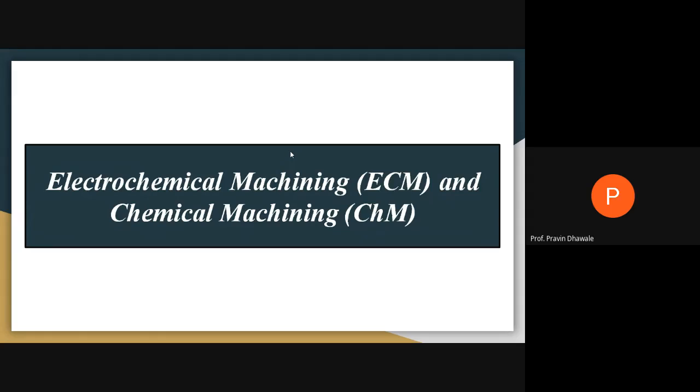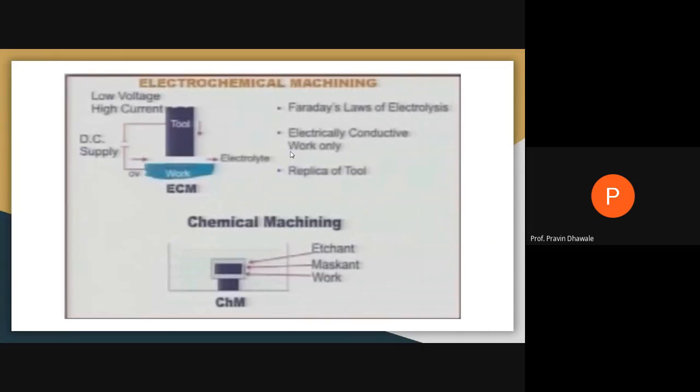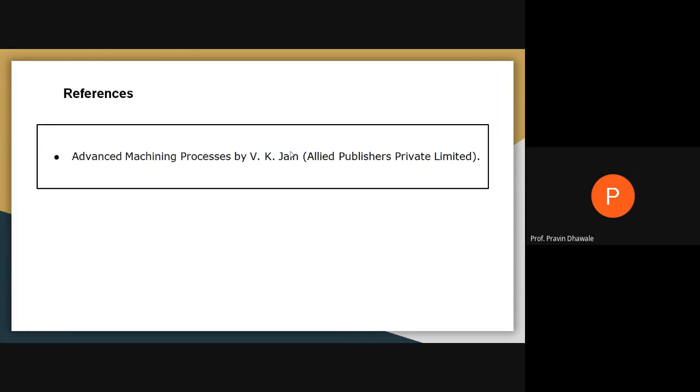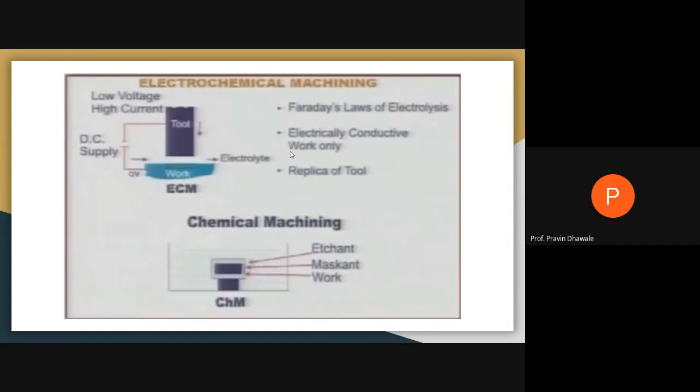Now, another type of machining is electrochemical machining and chemical machining. It is based on a combination of electric energy and chemical energy. In electrochemical machining, as you observe this diagram, you require a workpiece and tool.